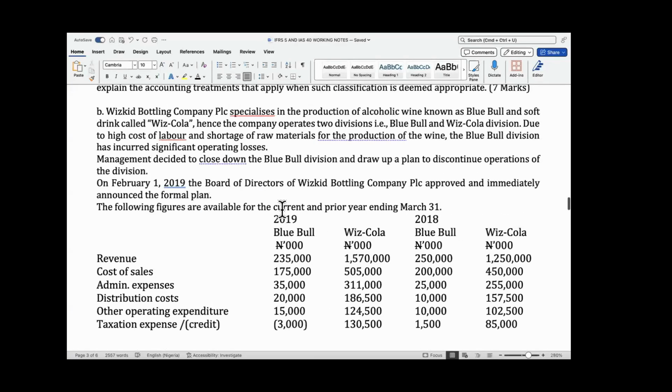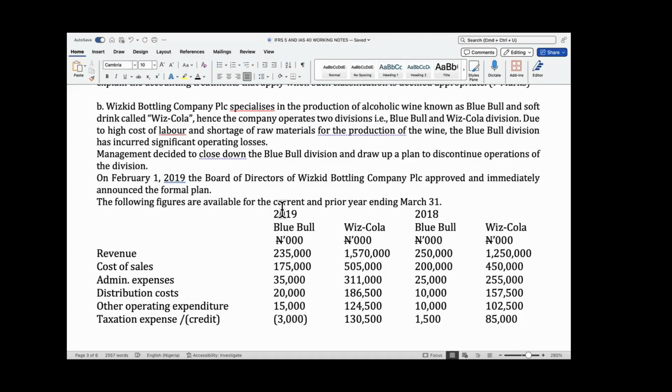Femi, please, let's read the B part. Whiskey Bottling Company PLC specializes in the production of alcoholic wine known as Blue Bull and a soft drink called Whiskola. Hence, the company operates two divisions, i.e. Blue Bull and Whiskola division.